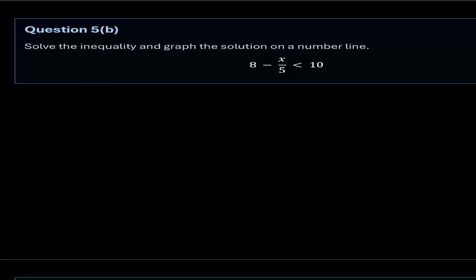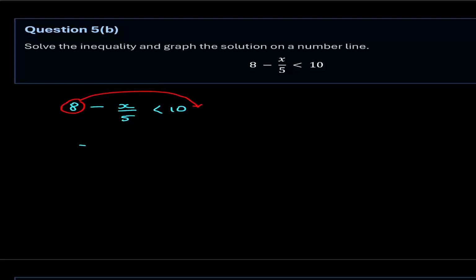Okay, how about this? 8 take x on 5 is less than 10. Let's try solve this. So we've got 8 take x on 5 is less than 10. Okay, so my first step is to move this 8 across, so it would become negative.